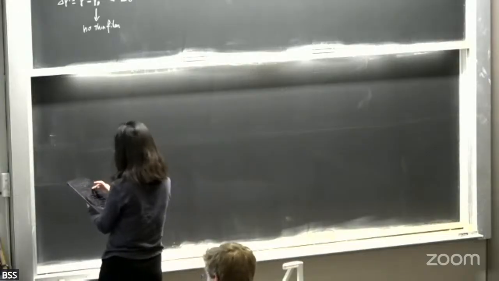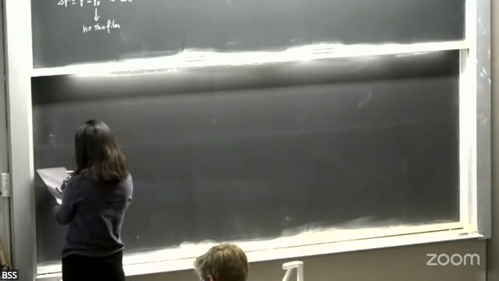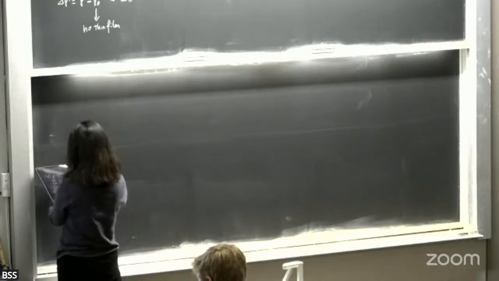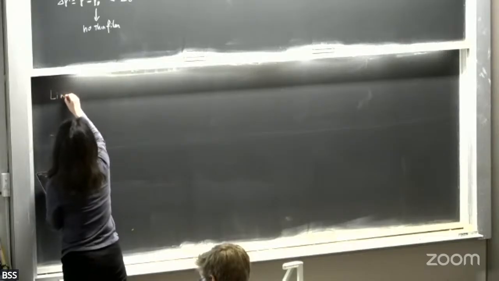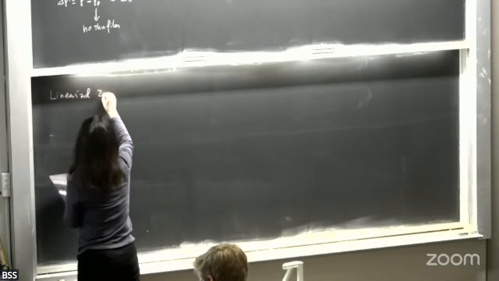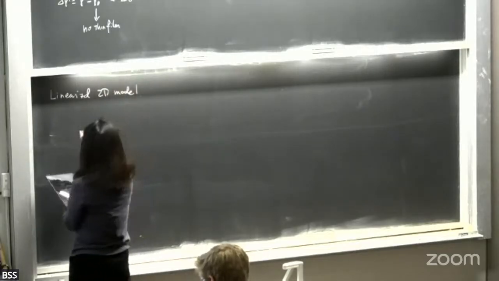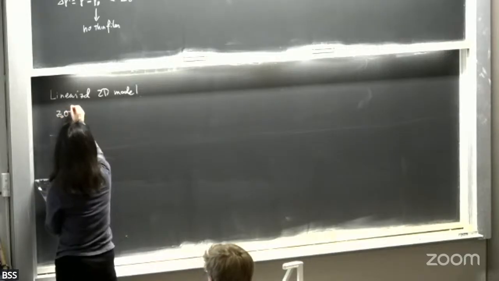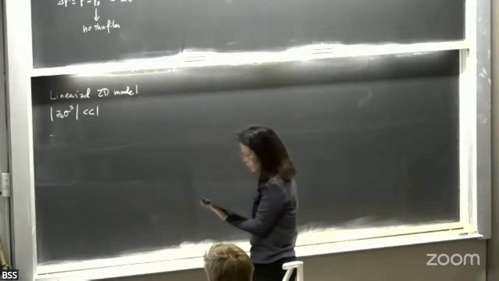So the next thing we do will be to linearize the 2D model. In that case, the modulus of Z0 sigma_s we assume is much smaller than 1.